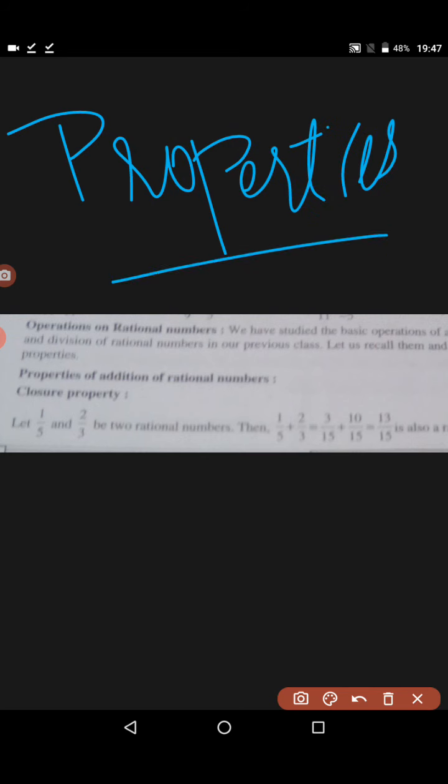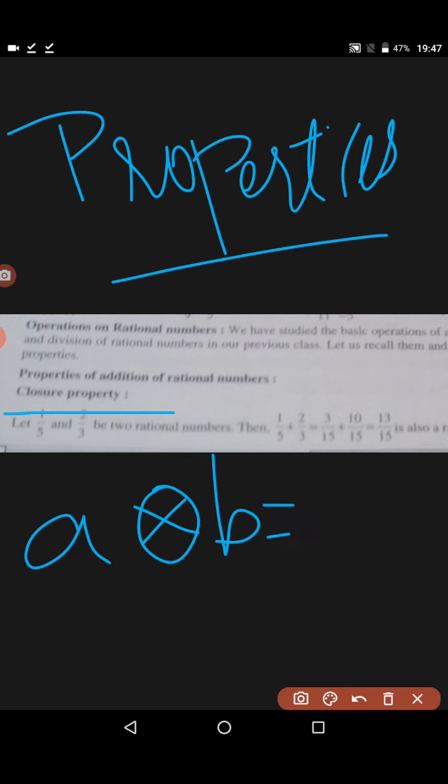First and foremost property is closure property. Closure property is nothing but a operation symbol b belongs to the same group when you operate.